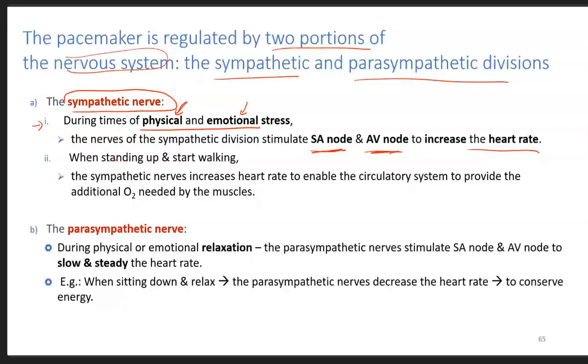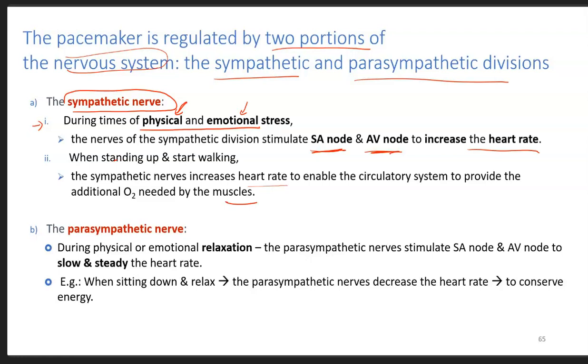So next, when standing up and walking, okay, so when you are standing up and you start to walk, obviously your heart needs to pump faster, okay, increase the heart rate. So the sympathetic nerves increase the heart rate to enable the circulatory system to provide the additional oxygen needed by the muscle. Yang hari tu lah punya eksperimen exercise hari tu kan.